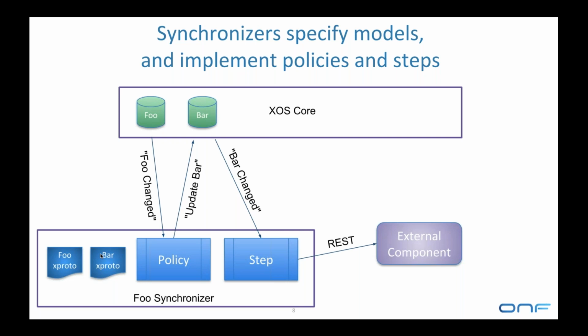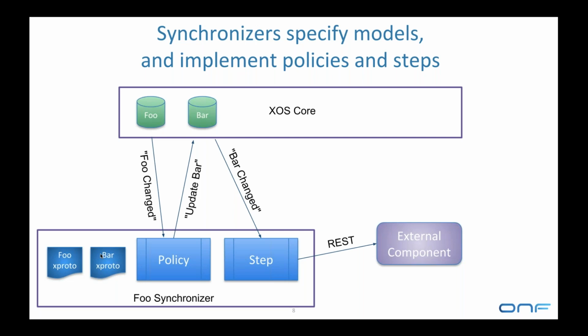Each of what we call services in XOS will contribute a Synchronizer. And the Synchronizer contains both specifications and code. So we've tried to keep from ending up with a monolithic bunch of code in the core by keeping this code down in the per-service containers.